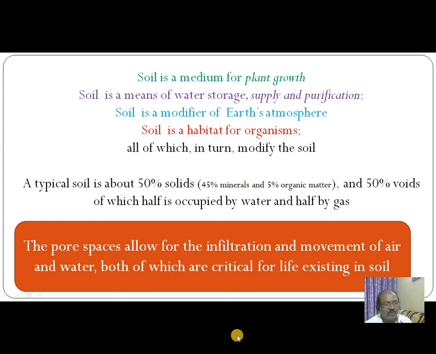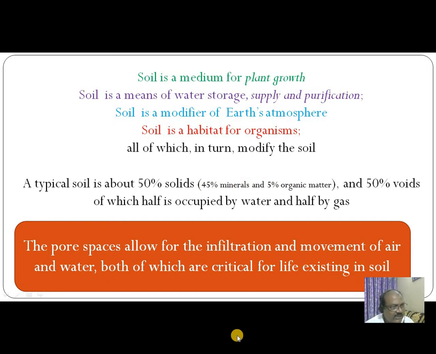Soil is also a habitat for organisms, all of which in turn modify the soil. So whether the plant grows, or for storage purpose, or supply of water, or purification purpose, or whether the organisms reside, all these in turn modify the soil properties.